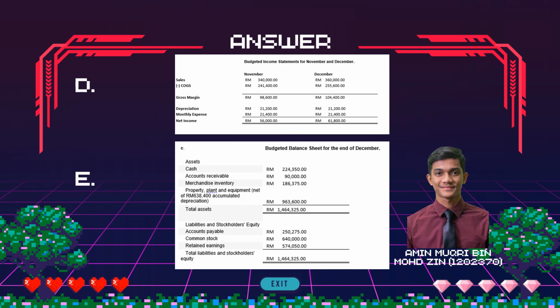And for question E, budgeted balance sheet for the end of December. For the asset, start with cash, which we get from the balance of the cash budget. And for account receivable, we get the 25% from December sales, which is uncollected.